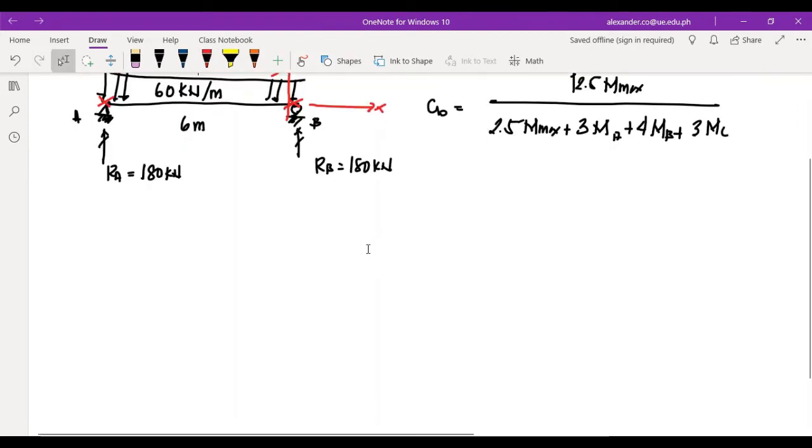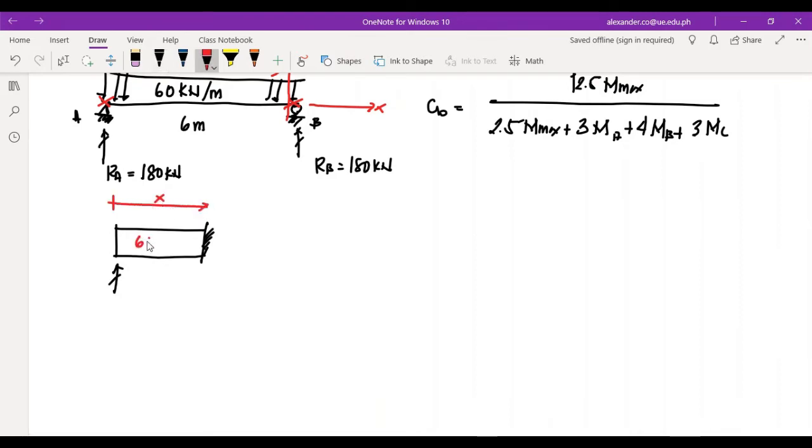Cut here, and this is the distance x, with 60 kilonewton per meter, and the reaction 180. For shear, V is downward. For moment, you also cut almost approaching the end of the length, and the setup is just like the shear.